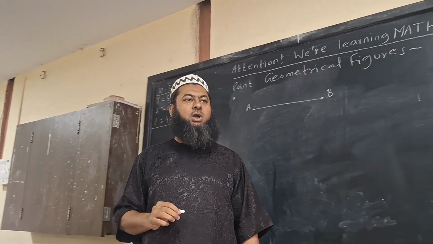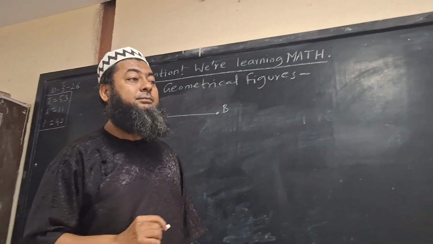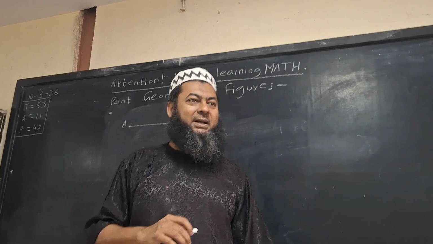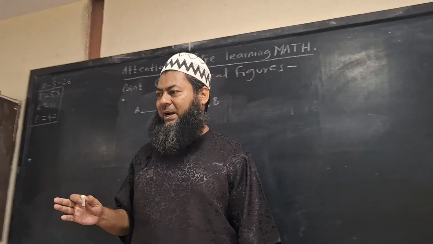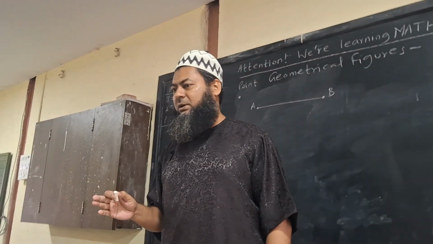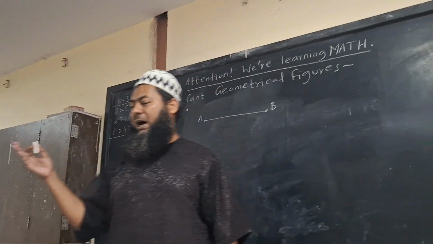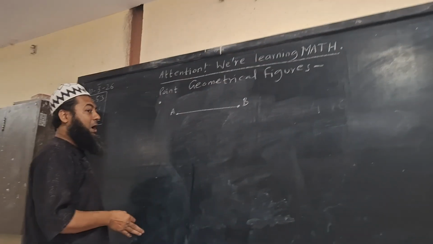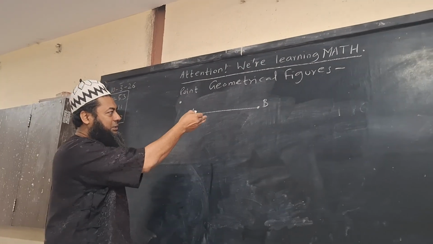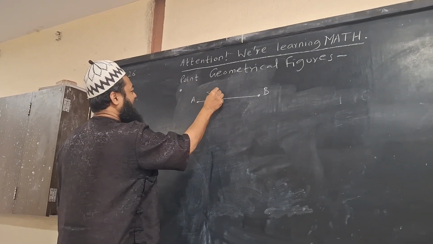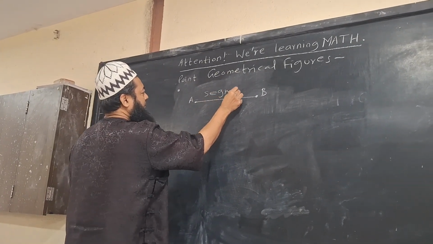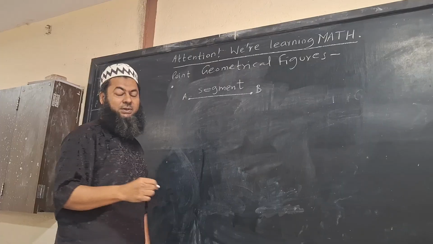This figure is not a line, not a sleeping line, of course, not that. Straight line. I'll tell you what it is. Now see very closely. This is called a segment.